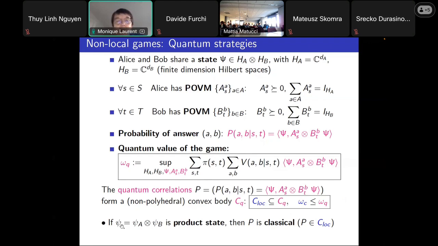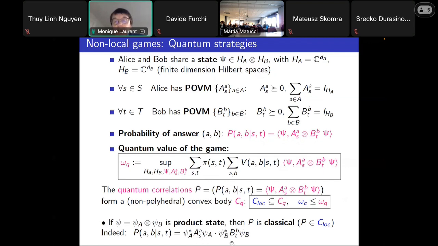Because, for instance, if your state psi would be a product state, then the correlation you get is actually classical. And why is this? Because if you spell it out, if psi is a product here on both sides, this big inner product here splits up as a product of the two separate inner products.